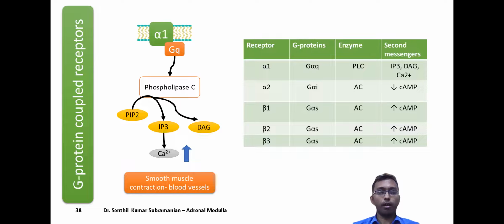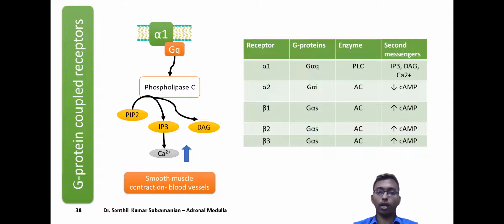It works along with the Gq type of G protein, which stimulates phospholipase C, which converts phosphatidylinositol phosphate to inositol triphosphate and diacylglycerol. This increases the calcium level in the cytoplasm, which is essential for smooth muscle contraction in blood vessels. Similarly, various adrenoreceptors have specific G proteins and specific second messengers to bring about the various physiological actions of catecholamines.